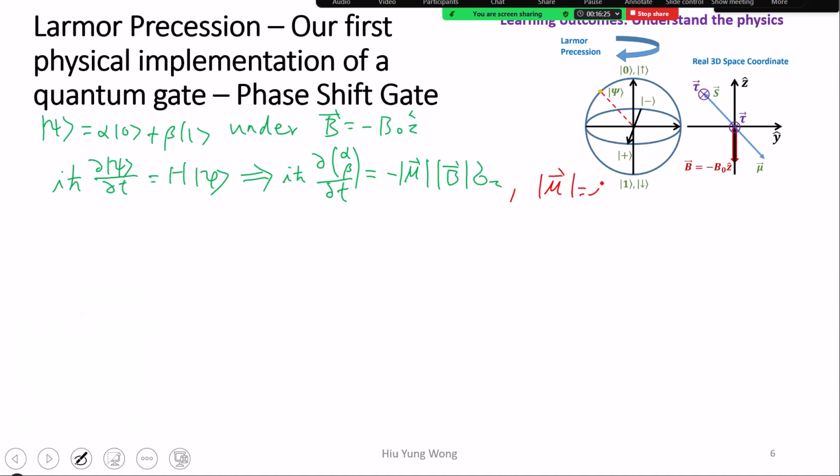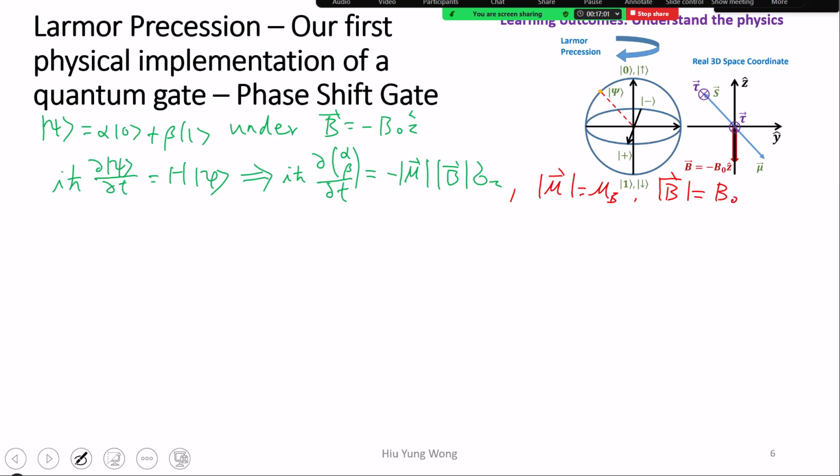Do you remember the name? The Bohr magneton, approximately. And what is the magnitude of B? Based on this equation, negative B0 z hat, what is the length of z hat? z hat is 1, right? But then the whole thing is B0.